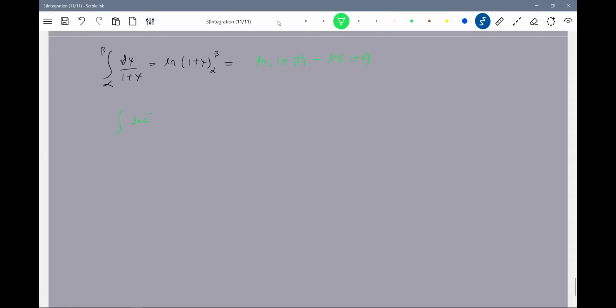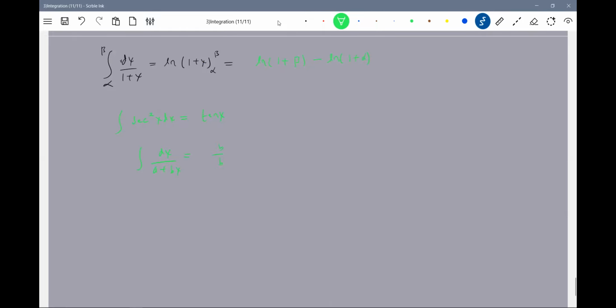Integral of secant square x dx should be equal to tan x. One more: integral of dx by a plus bx. The coefficient of x should be the same.